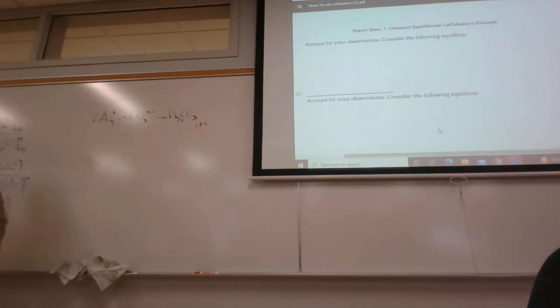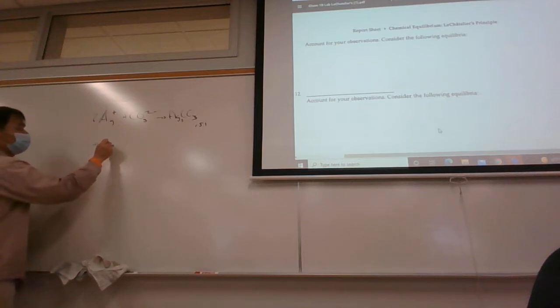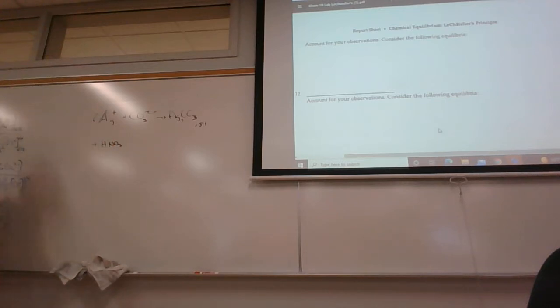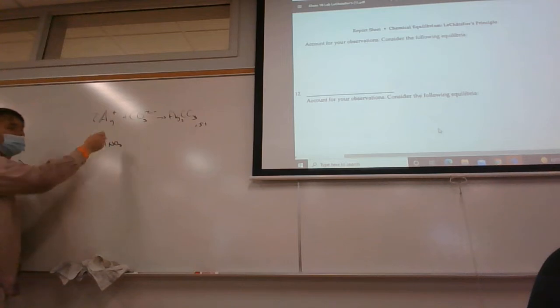Now, there are two ways to write the other reaction that happened, when we add HNO3. One way we could do that is via Le Chatelier's principle. Le Chatelier's principle is just going to say, well, the acid will react with carbonate. Carbonate's a base.